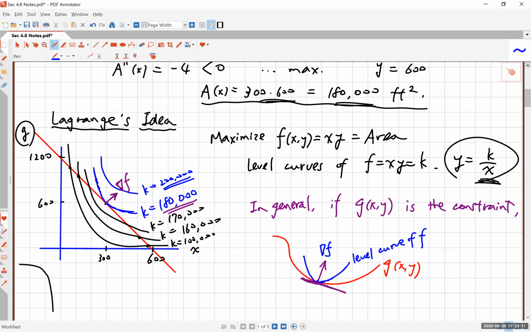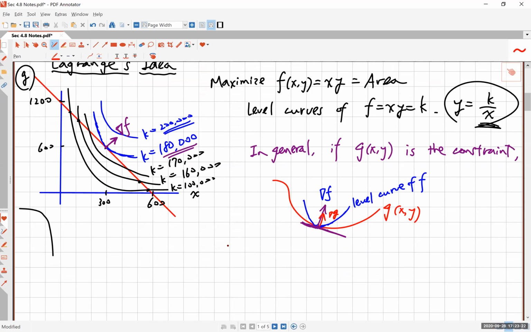That means the gradient of G is also perpendicular and has the same direction as the gradient of F.